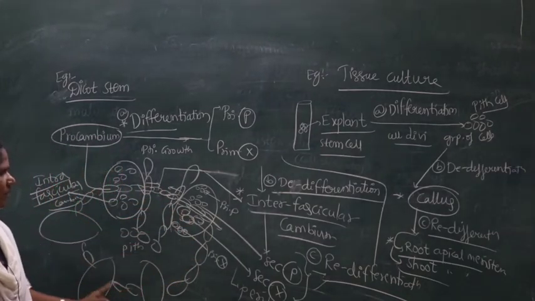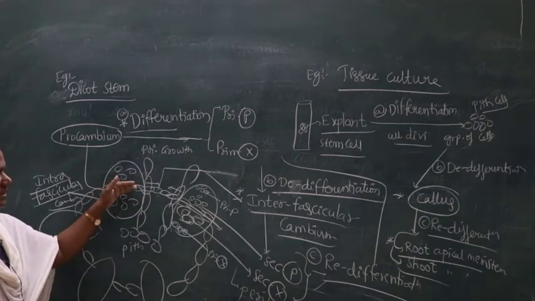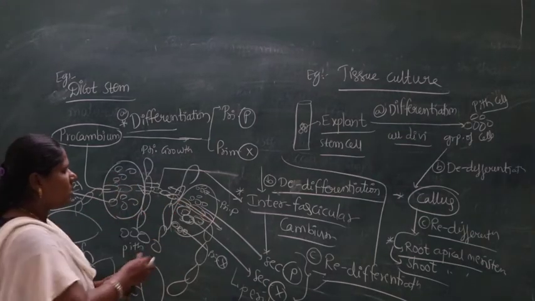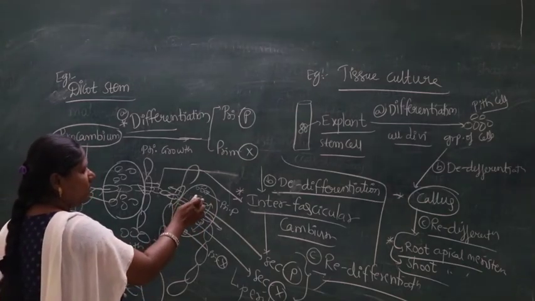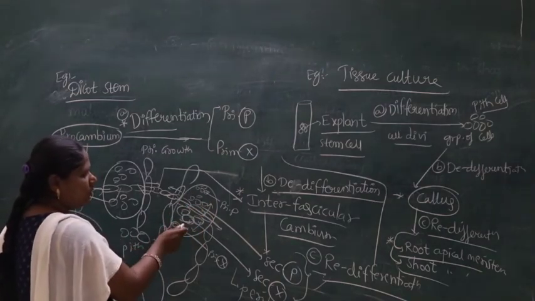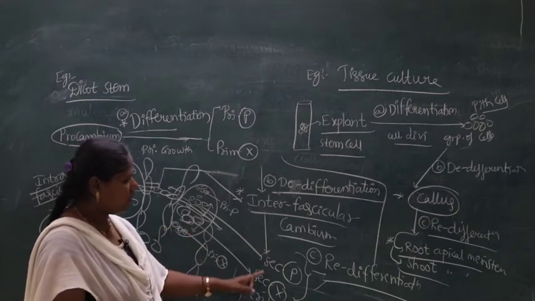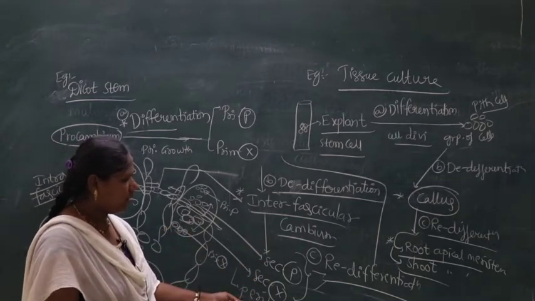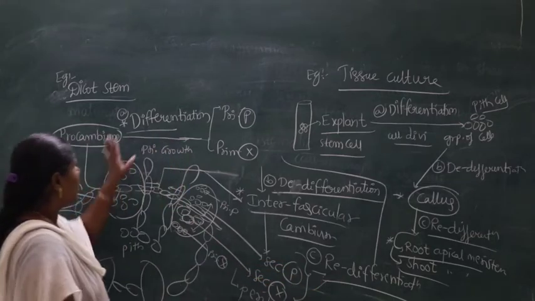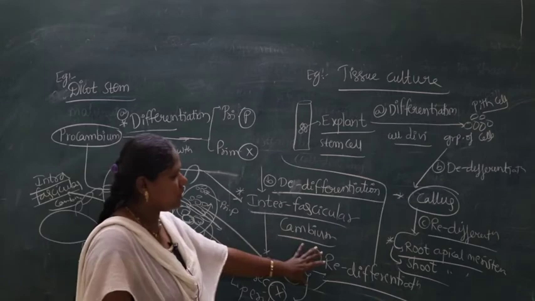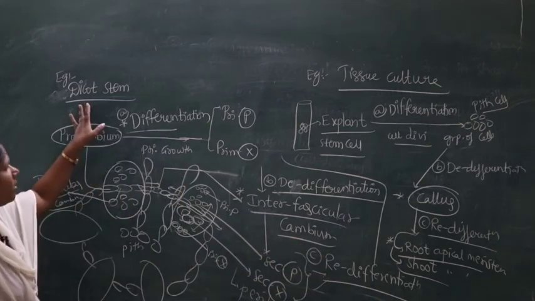Now due to activity of the cambial ring, cambium once again becomes meristematic, starts producing new cells on either side. These new cells again lose the ability to undergo cell division, convert into permanent tissue called secondary phloem and xylem. Later they form periderm, that is because of redifferentiation. These are the three processes you can see in dicot stem.